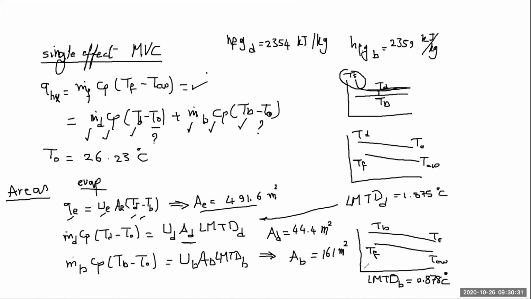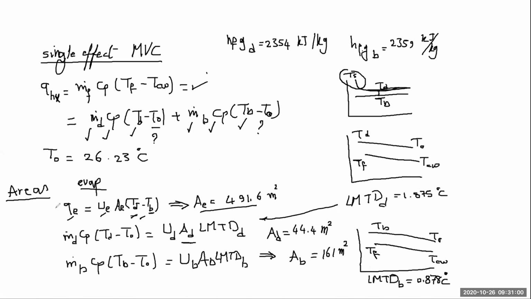So Saleh, your question? You have a question, or your hand has been raised from the previous question? No, I have a question. Doctor, can you repeat why we have a large area of evaporator? Yes, the large area of the evaporator here is because the temperature difference between TD and TB is quite small.